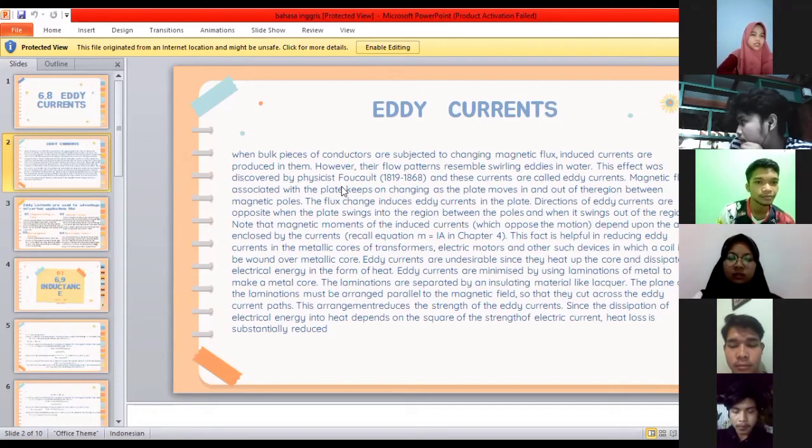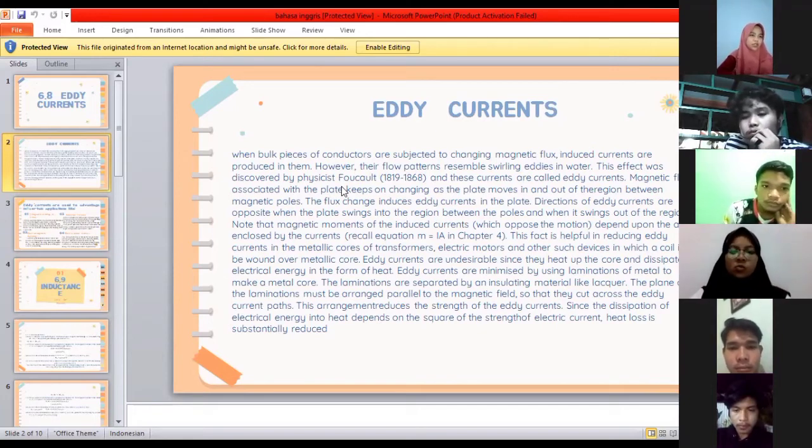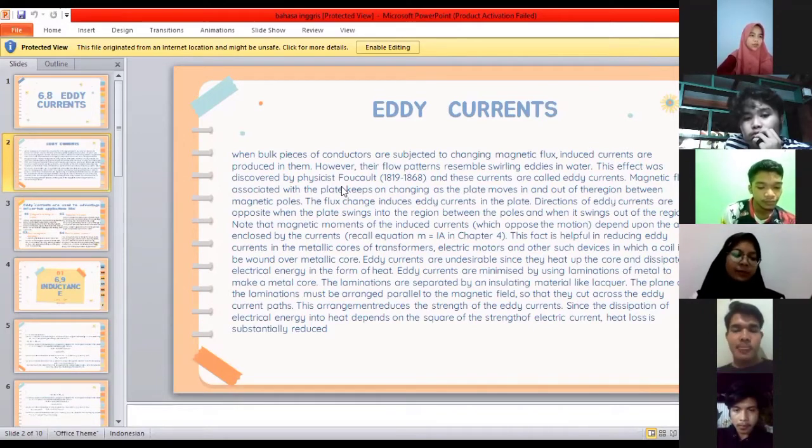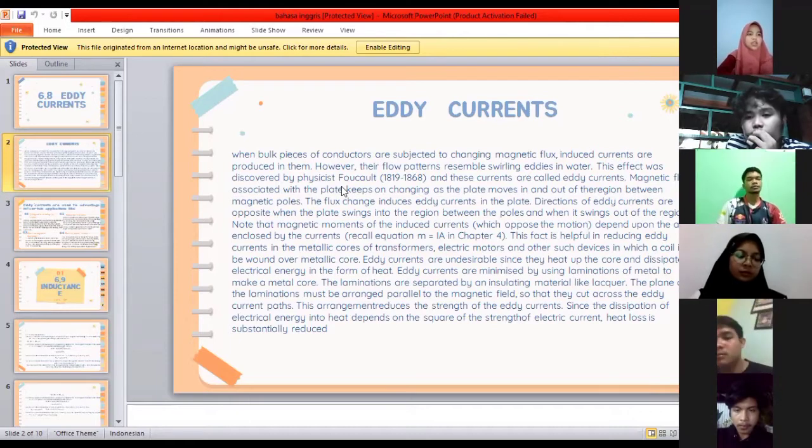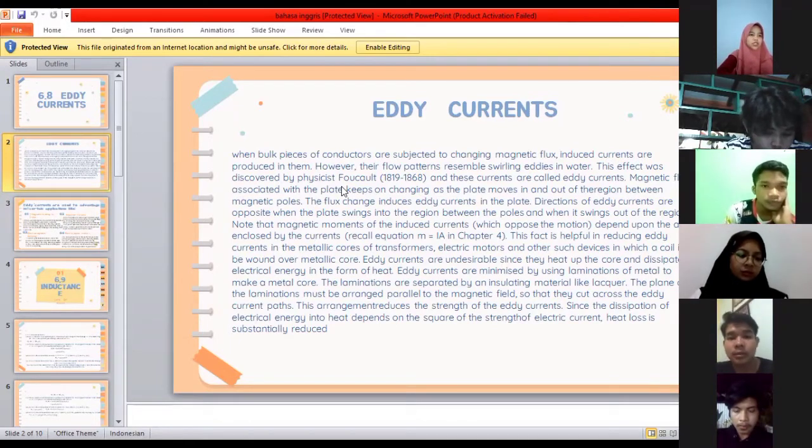Magnetic poles associated with the plate keep on changing as the plate moves in and out of the region between magnetic poles. The flux change induces eddy current in the plate.